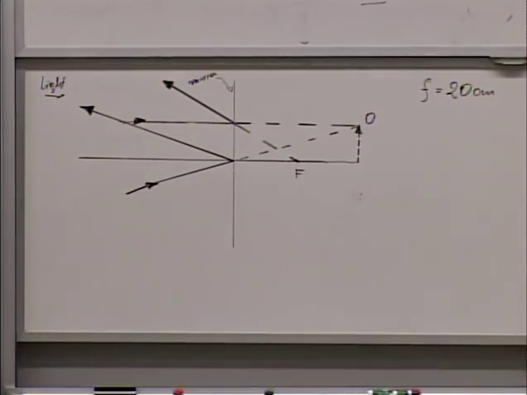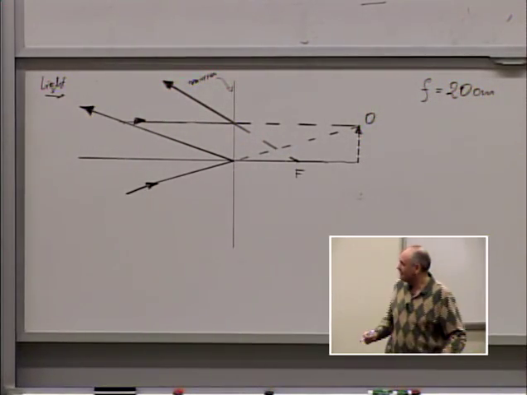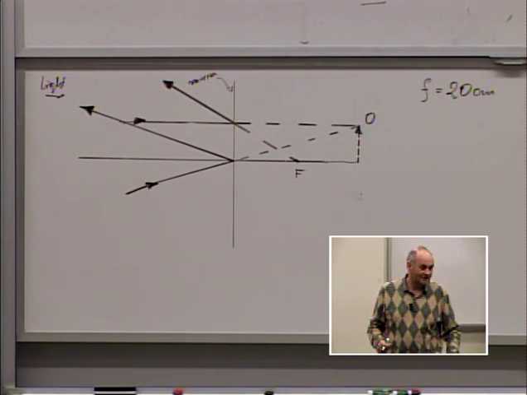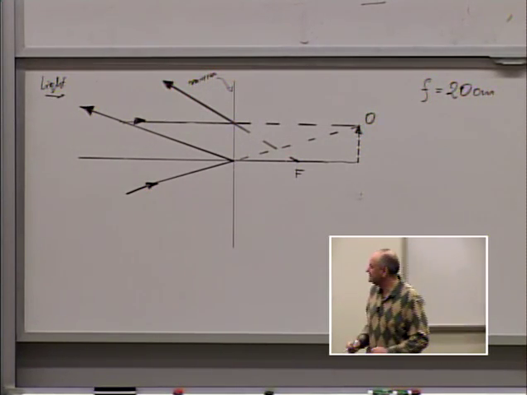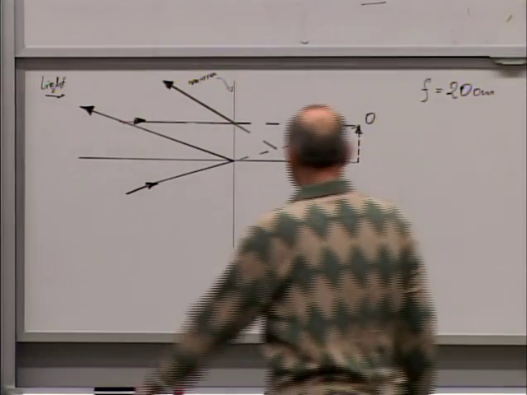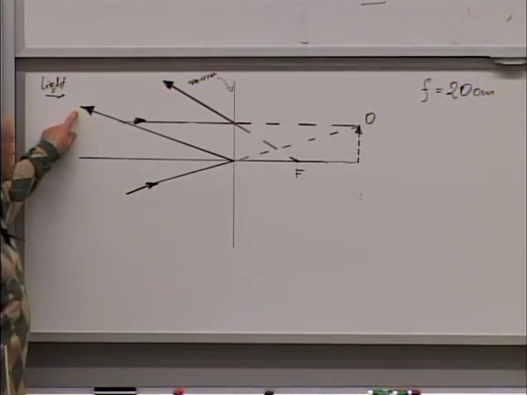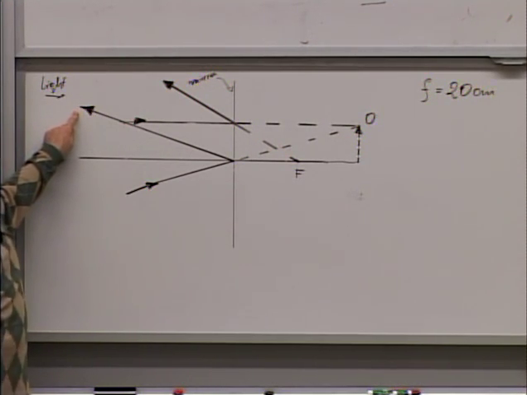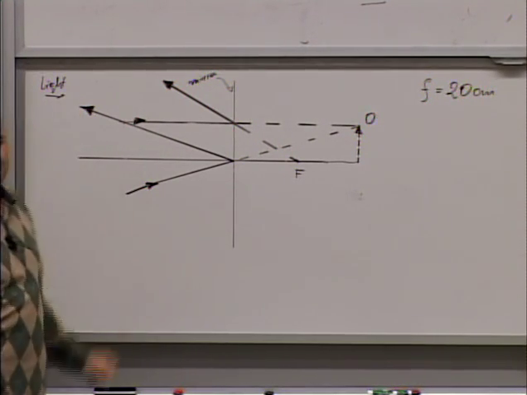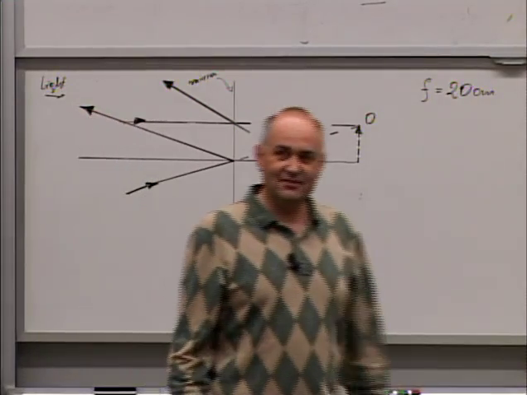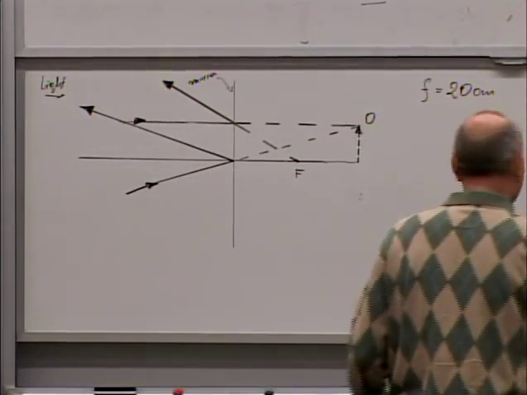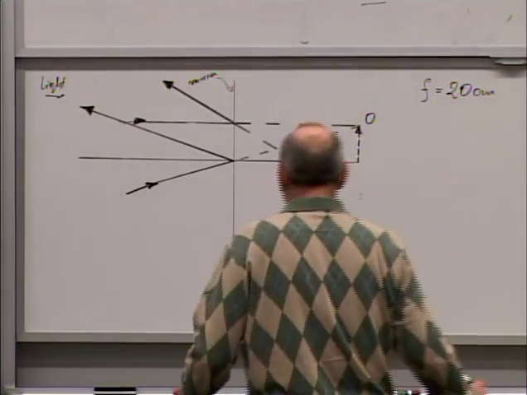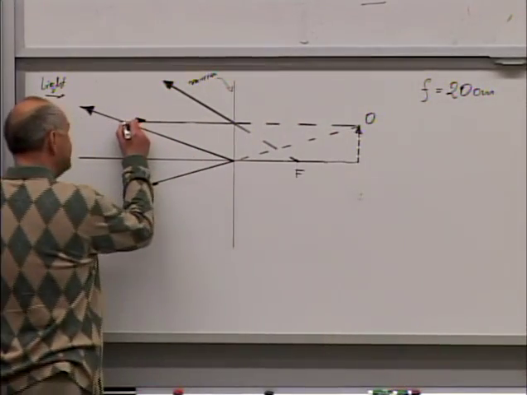Owen? And I'm saying that this is the image chief ray. It is right. All right, now there will be a problem with this. Where is the image? How about if I give a suggestion that it's here?